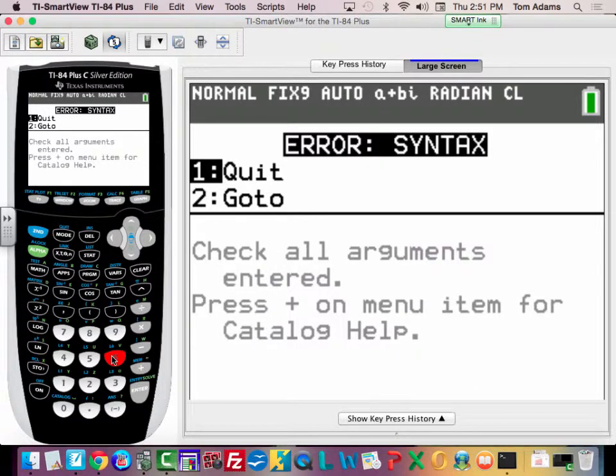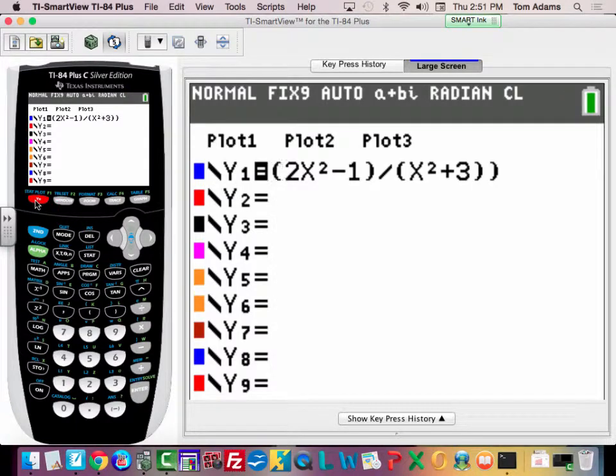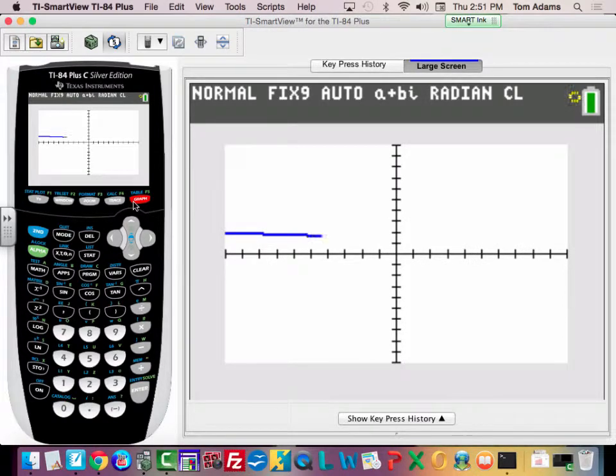It says check the arguments. I got mine to graph. Oh, I have one too many closed parentheses, that's why. That really won't mess it up. Well, it's working now.